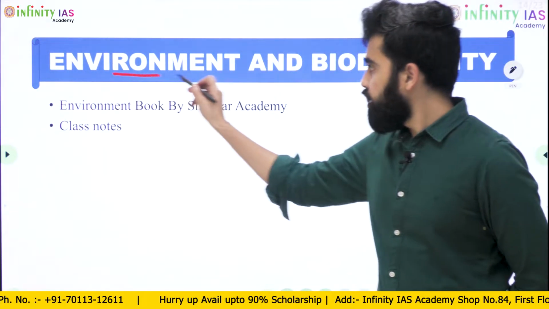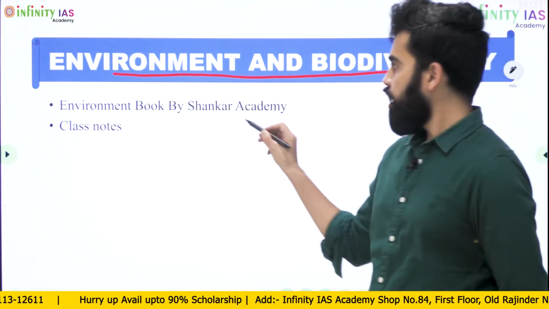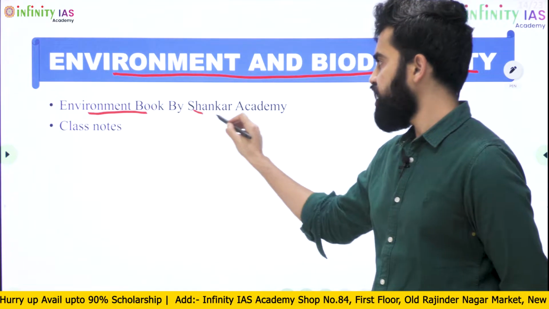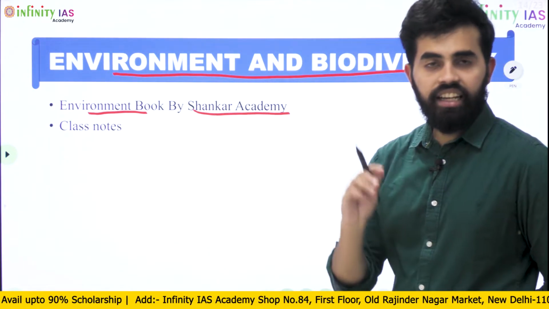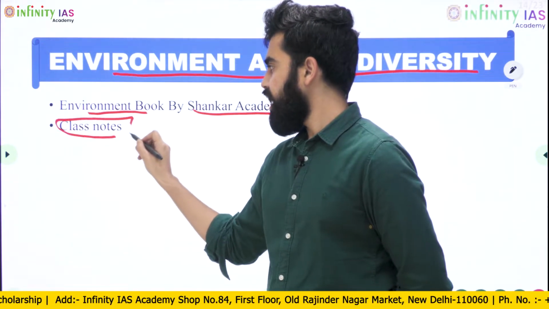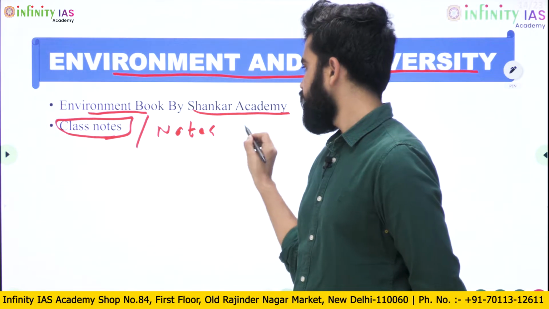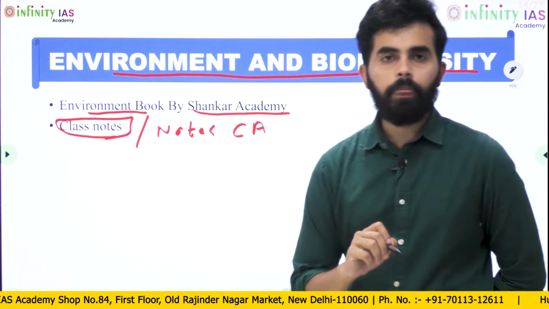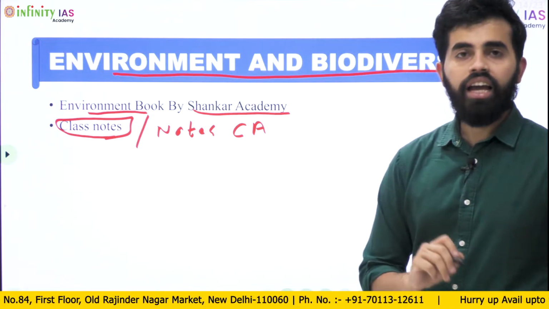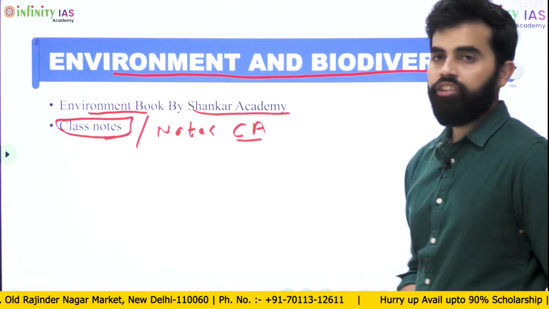So the next topic is environment and biodiversity. For this, we need to study the environment book by Shankar IAS Academy, the green book. And then the important thing is class notes or notes taken from current affairs. Once we understand the basics of this topic, we need to keep adding according to different current affairs.